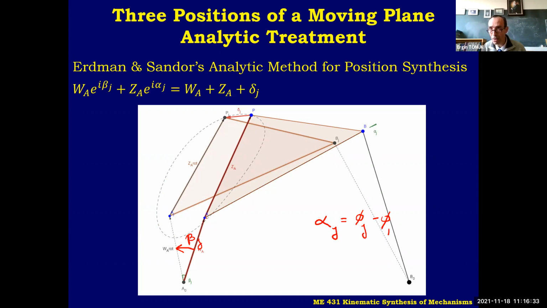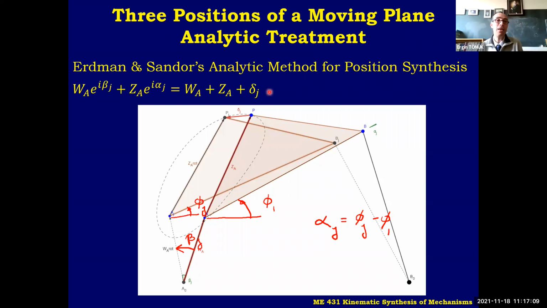And if you like, you can call this angle phi 1 and this angle phi J. Or you could also measure this angle, which has a fixed difference, okay? So it's the rotation of the plane from position 1 to position J. Is this clear, this equation?